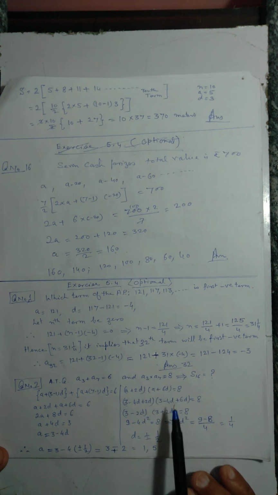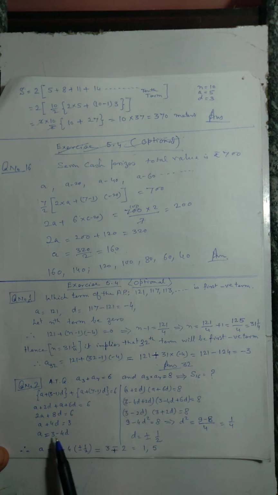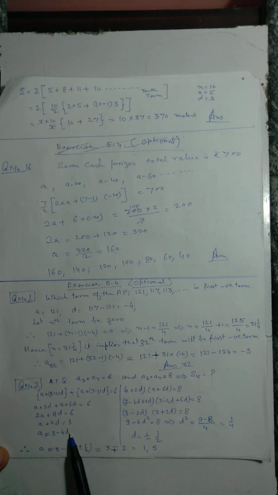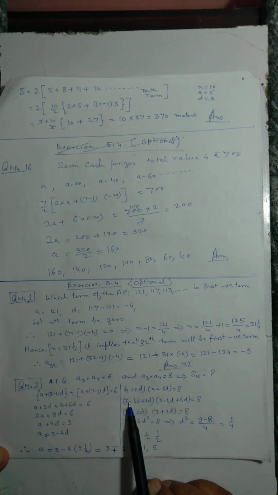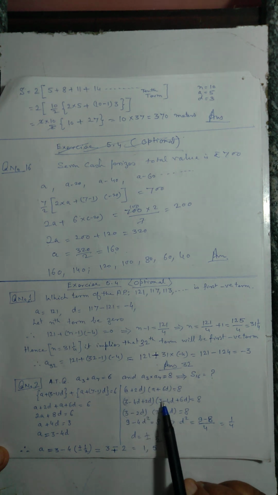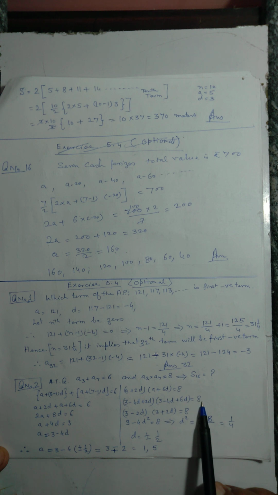Now, in place of A, I have written 3 minus 4D plus 2D in the first bracket. In the second one, again in place of A, I have written 3 minus 4D plus 6D, equal to 8.